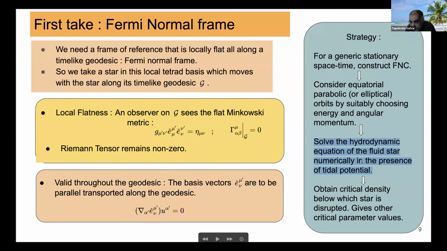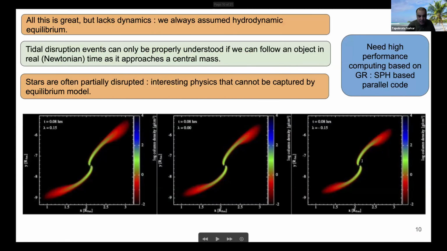That simplicity is lost here. Here there is a fluid system, the fluid star, which has its own self-gravity. There is a black hole, which produces some metric at the location of the star. And of course, you cannot just add up these two things.